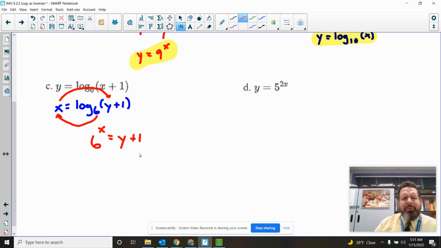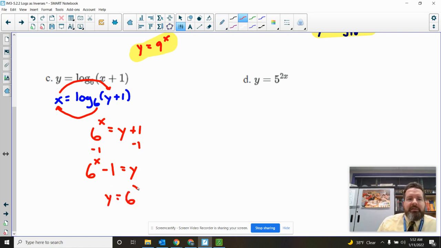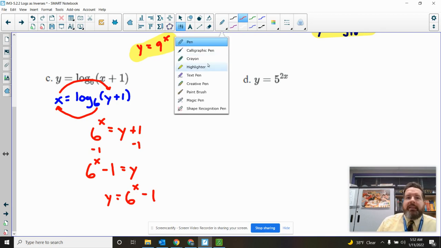But here's the thing. I don't want to know what y plus 1 is. I want to know what y is. So do a subtraction to finish. 6 to the power of x minus 1 equals y. And then that last flourish, we typically will write the y on the left. And there it is.